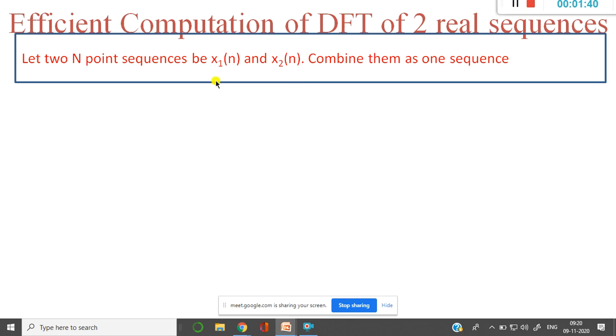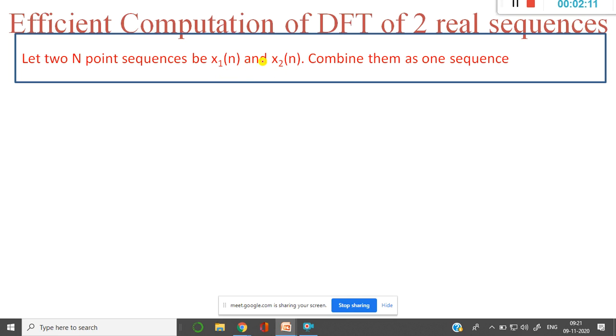Now the point is, is it not possible to compute the DFT of x1 of n and x2 of n using a single discrete Fourier transform? Using single, which means that you should perform DFT only one time, but using those values you should be able to find out the value of X1 of k and X2 of k.